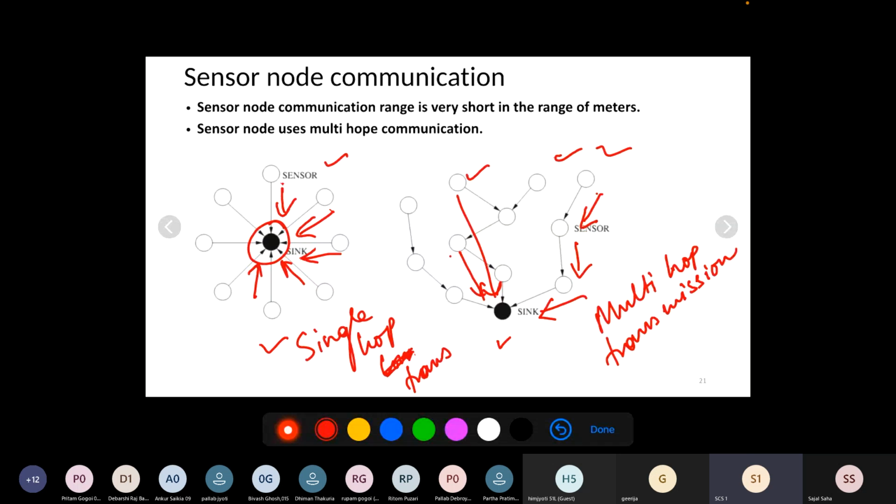That is why they transmit with low power to their neighboring node, because the neighboring node is ultimately going to transmit its own data also. They are saying, okay, when you transmit your data to the sink node, please take my data also and submit it to the sink node. So multi-hop transmission is much more preferable than single hop transmission. Okay.